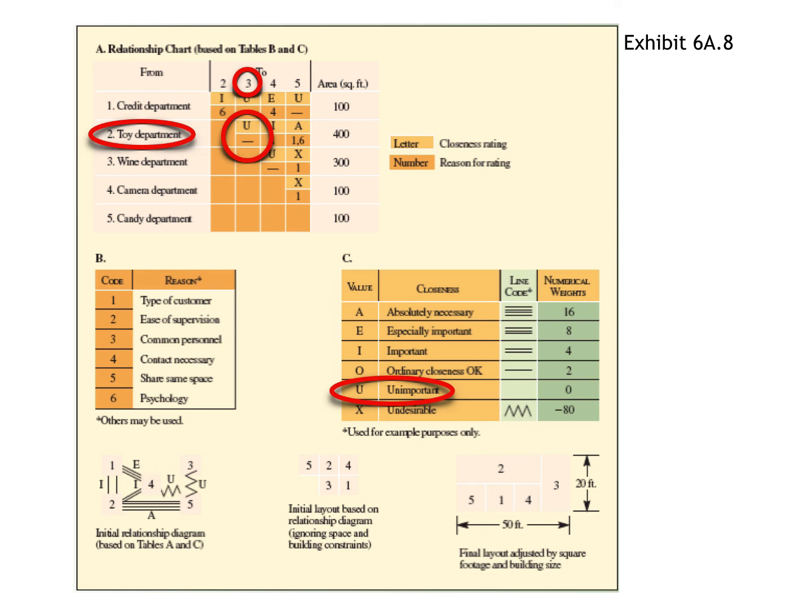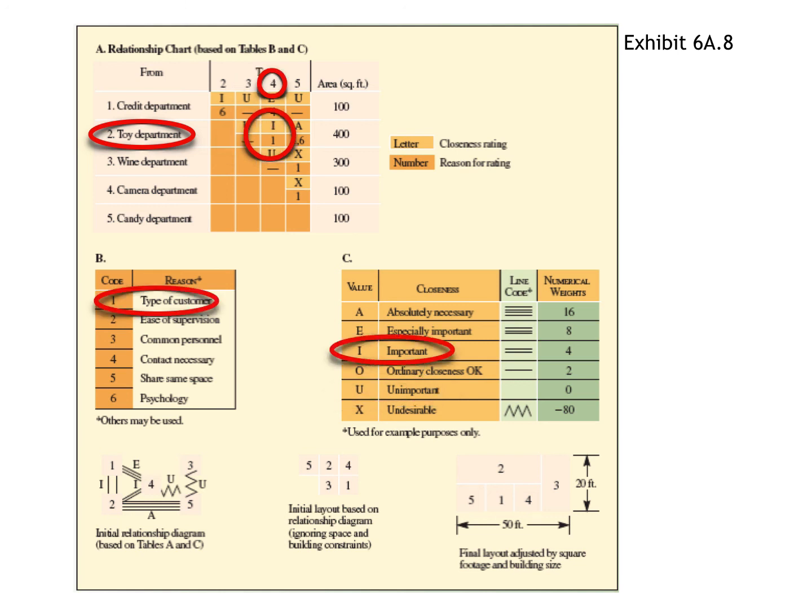Refer to Table C, the U. On the other hand, the toy department's relationship with the camera department is seen to be important. Also, the reason for the importance of this relationship is attributed to the type of customers, see Table B.